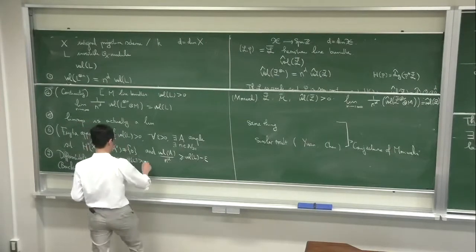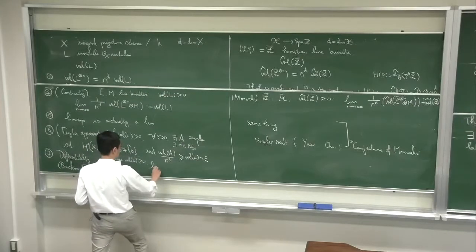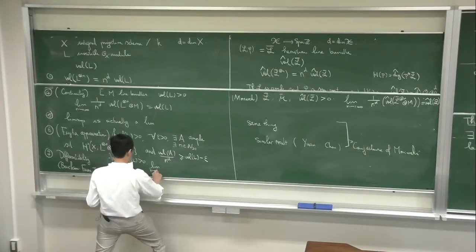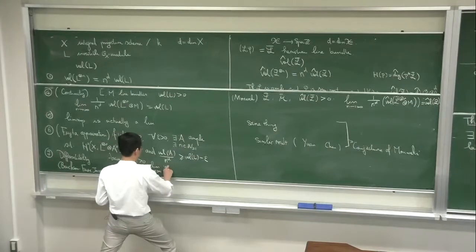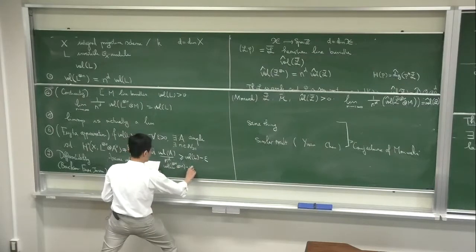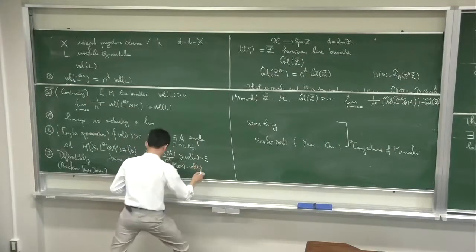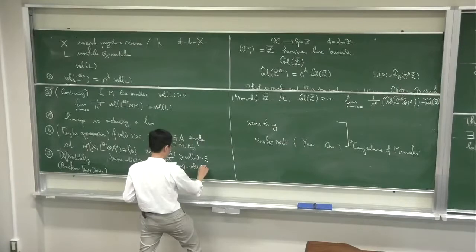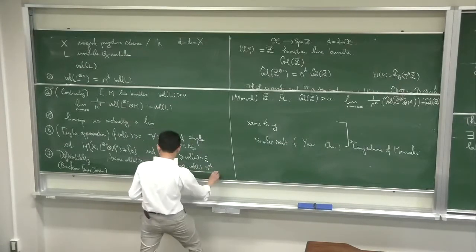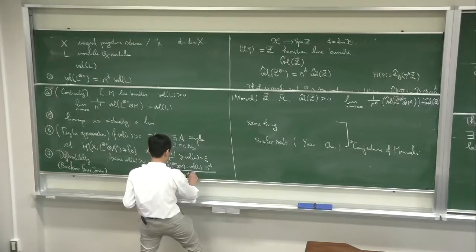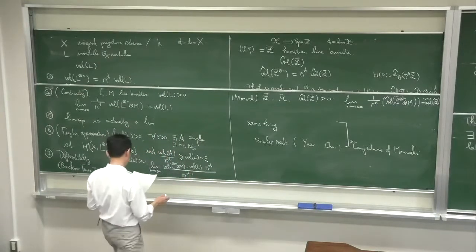Then the limit when n goes to infinity of the volume of L to the power n tensor M minus the volume of L to the power n, divided by n to the power d minus 1, such a thing exists.